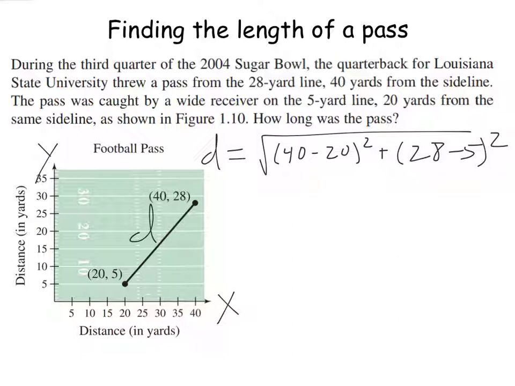The new element to this problem is it's got the context of football, okay? But the work that we have with it is going to be just like the other one we did, even though that problem had no context, right? The element the context adds is we just have to read the problem thoroughly and be sure we know what to do. Once we set about to do it, it's just like any other problem that doesn't have a context.